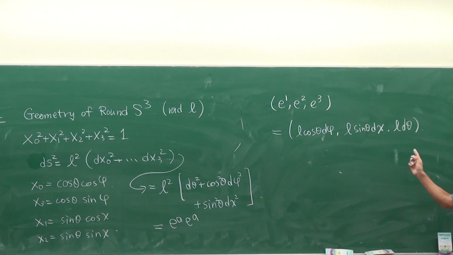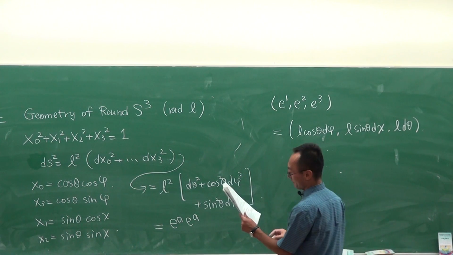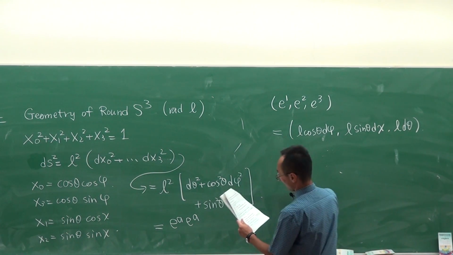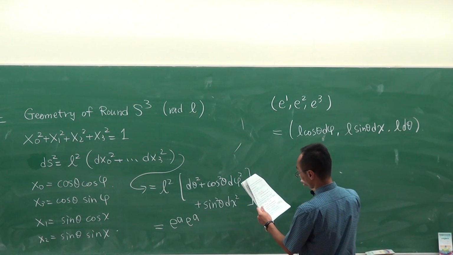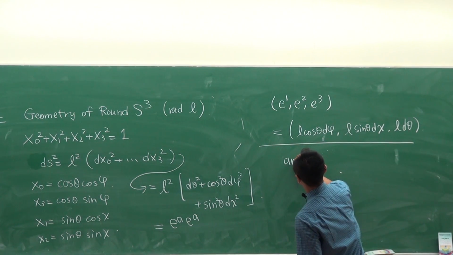So let me introduce another way to choose the frame. There is another way which makes use of the Maurer-Cartan forms. Another way.